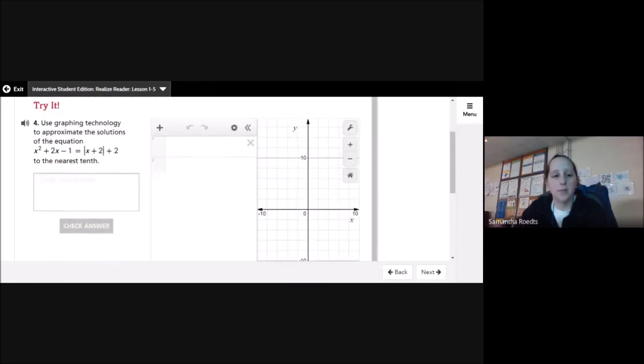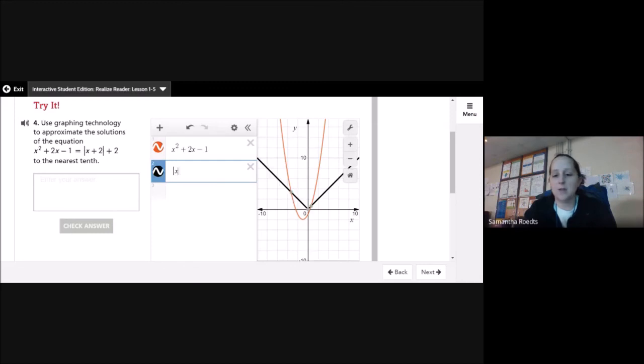All right, so I'm going to use graphing technology to go ahead and graph these two, x squared plus 2x minus 1, and the absolute value of x plus 2 plus 2. Okay, so here they do it so nicely for us. My 2 points. So I have negative 3.303. They want me to round to the nearest tenth.